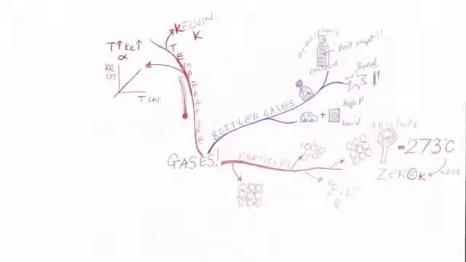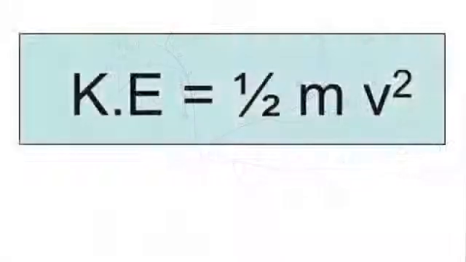And so there is a relationship between the kinetic energy I was talking about in the first branch and the temperature of the gas that's trapped in the bottle I was talking about in the second branch of my mind map. Temperature and kinetic energy are directly proportional to one another as long as the temperature is in Kelvin. Kinetic energy is a half of the mass times the velocity squared.